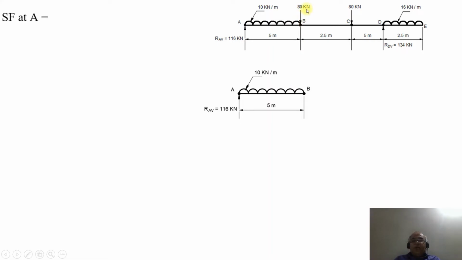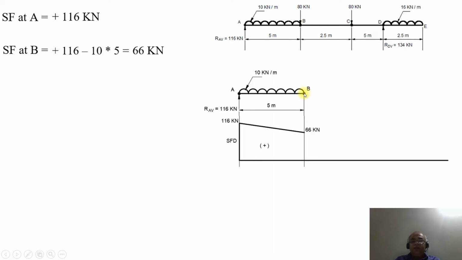What is the shear force at the point A? The SF at A will be equal to plus 116 kilonewton. Then SF at the point B will be equal to plus 116 minus 10 into 5, which is 66 kilonewton. So the shear force drops from 116 to 66 kilonewton along a linear line, a straight line, because it's a UDL.